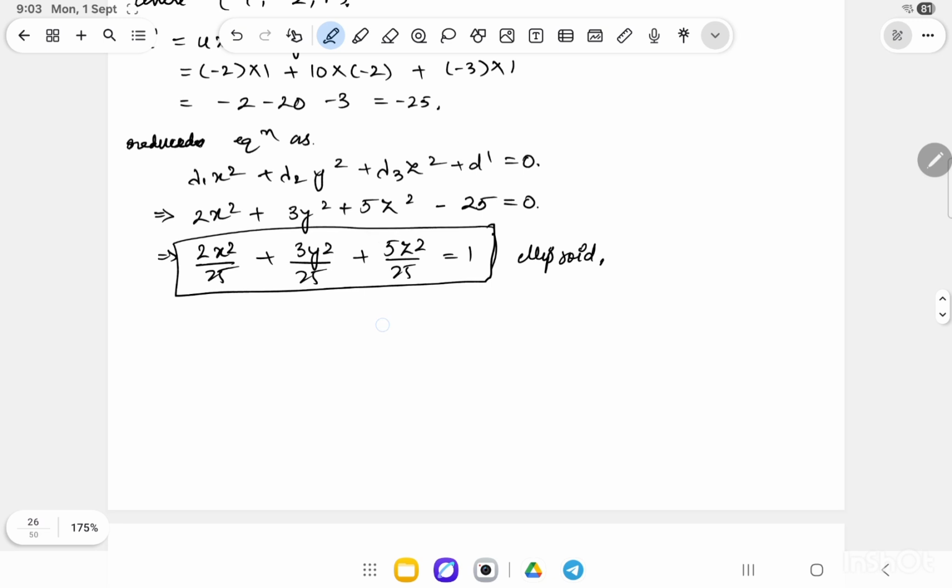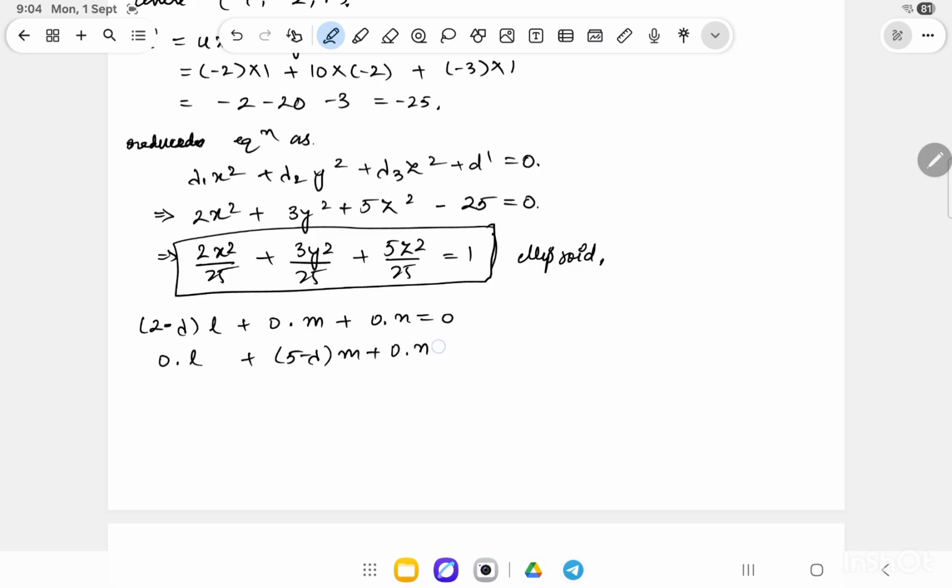Now let's just find out the direction ratios of axis and find out the equation of principal axes. So direction ratios can be found out if we get value of m and n here.